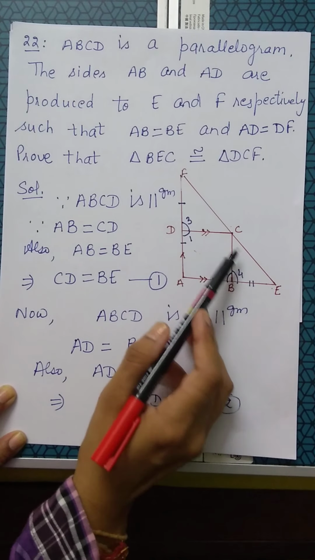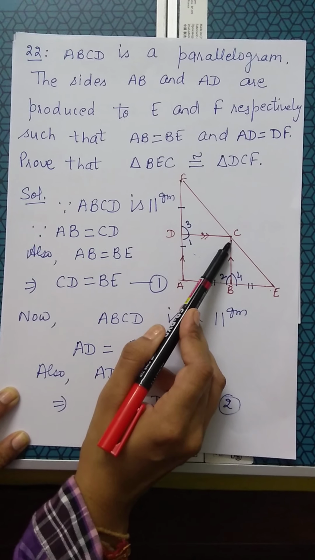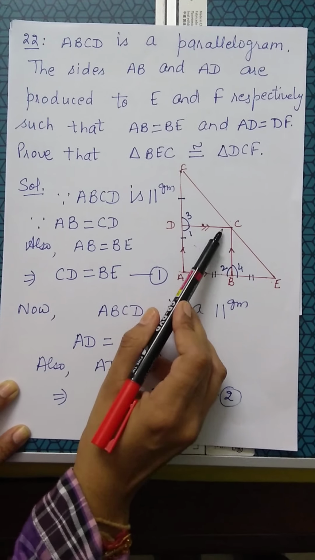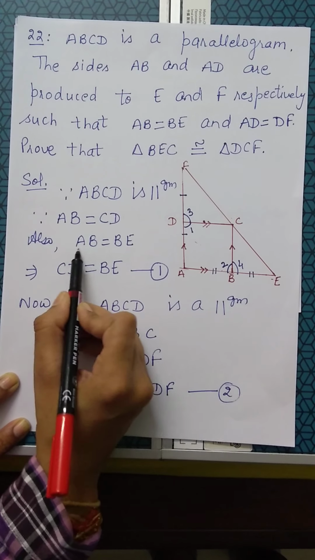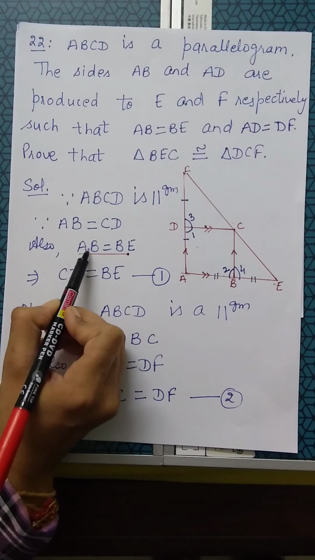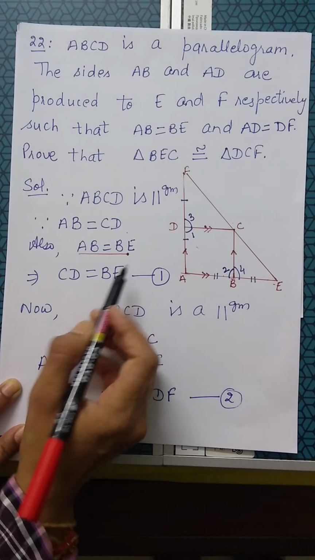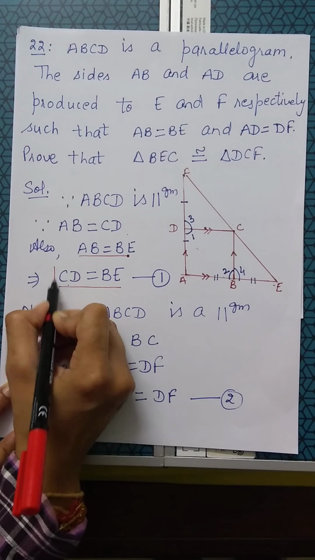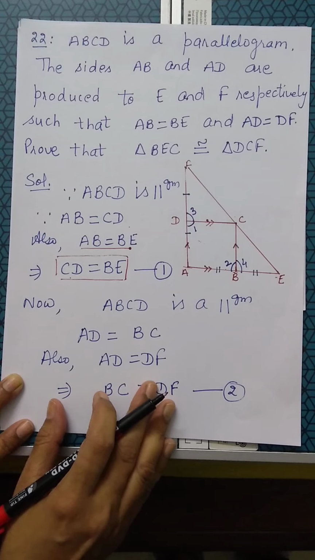Now because ABCD is a parallelogram, we know AB is equal to CD, opposite sides of the parallelogram are equal and parallel, and AB is equal to BE, this is given in the statement. From these two equations, we conclude CD is equal to BE. I will name it as equation number 1.